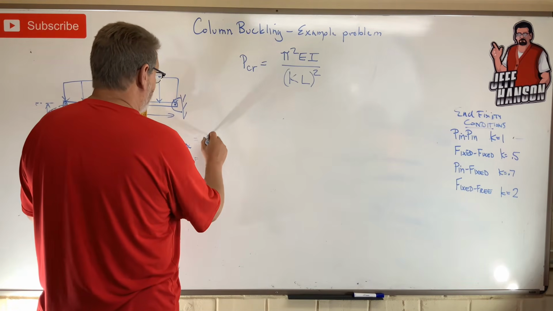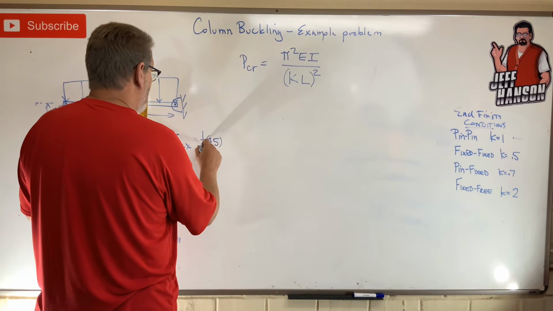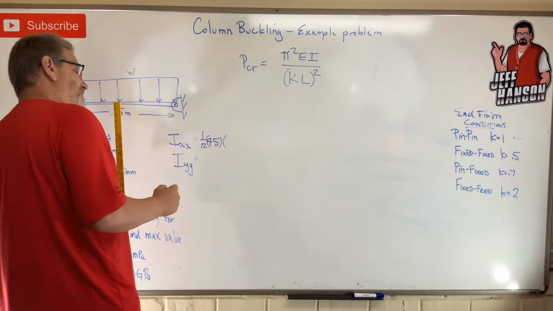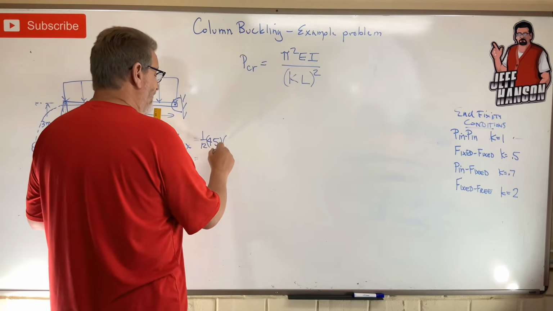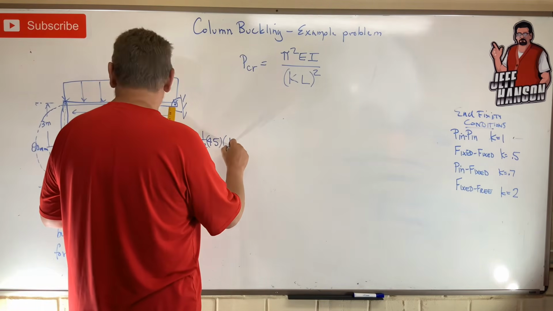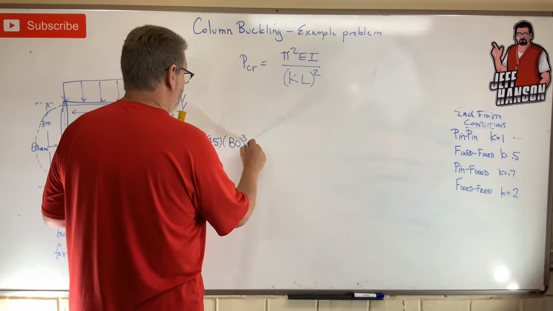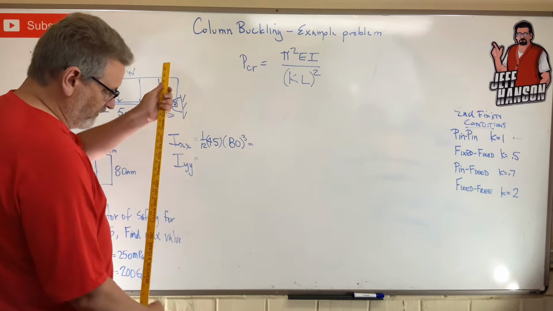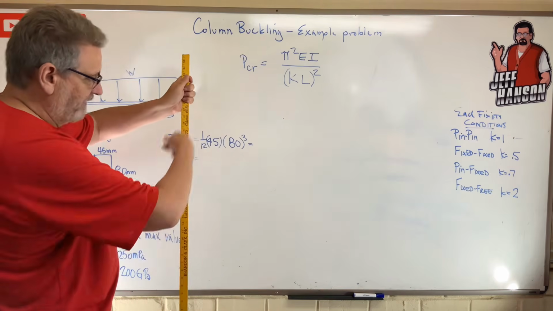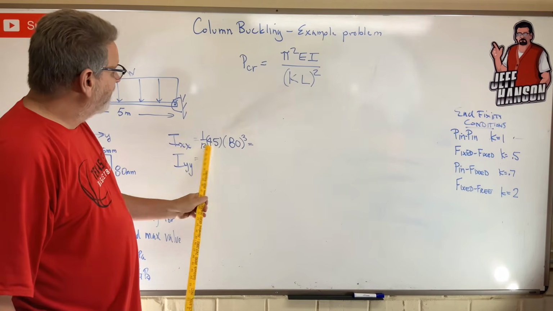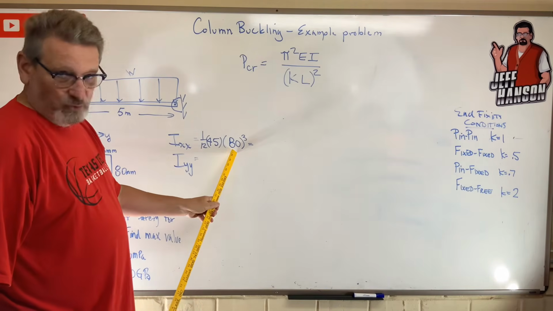Well, it's going to be 45 is the base. Let's do 1/12, shall we? Do you remember this for rectangular shapes? 1/12 BH, which is 80 cubed, okay? Now it doesn't want to go this way, right? It doesn't want to go that way. That's why I call it strong. The strong is always going to have, of these two numbers, the biggest one cubed.